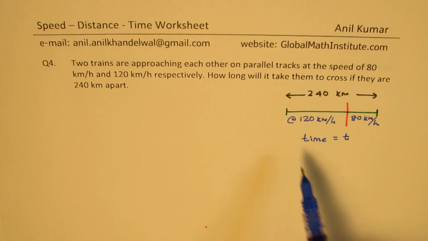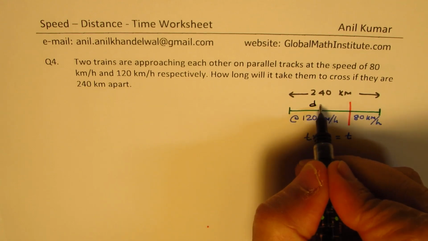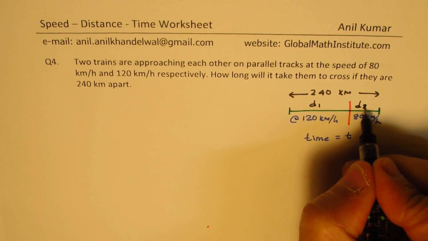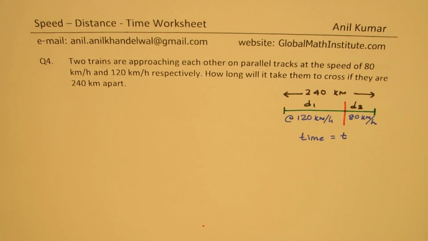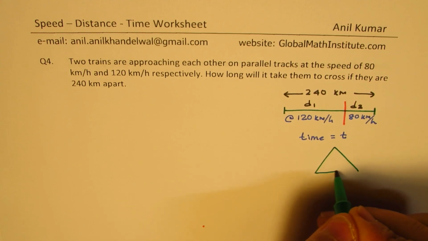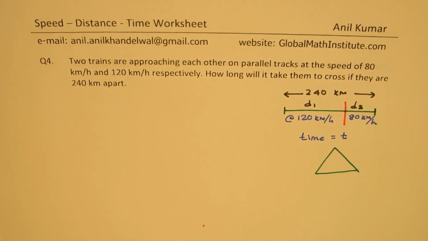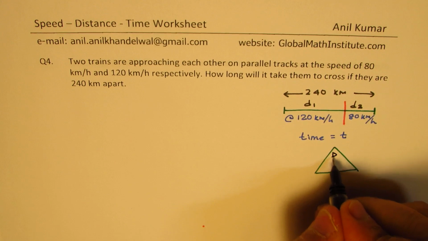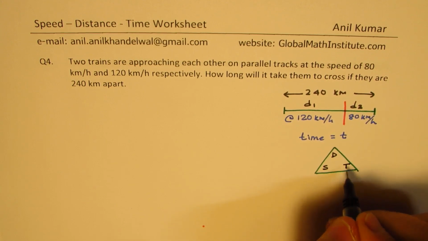So if you know speed and time, you can find the distance, correct? So let this distance be d1 and this distance be d2, right? And we are again going to use the same relation, distance, speed, time. For convenience, let me just write distance, speed, and time, right?